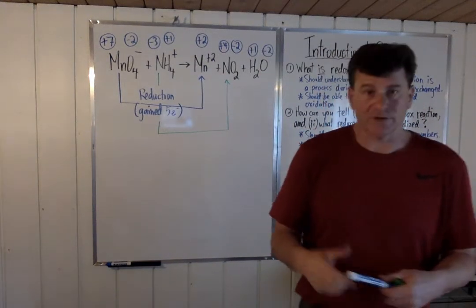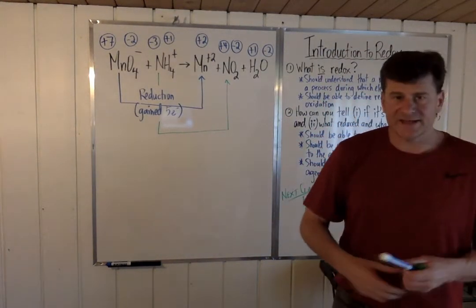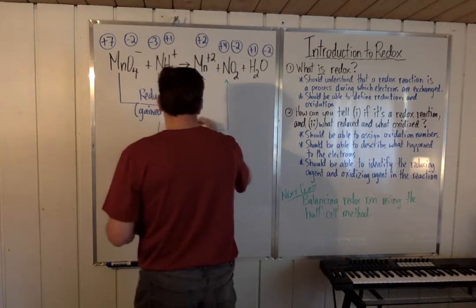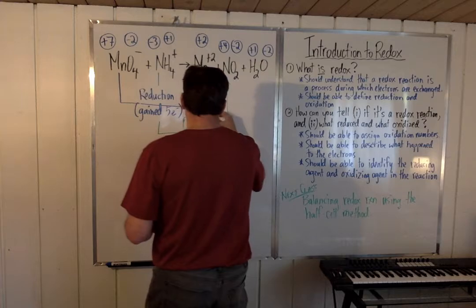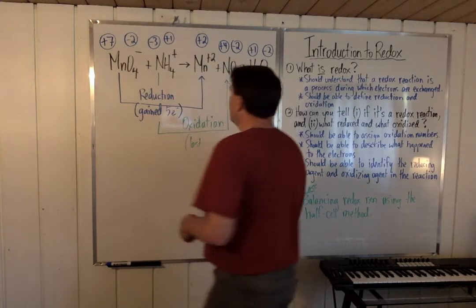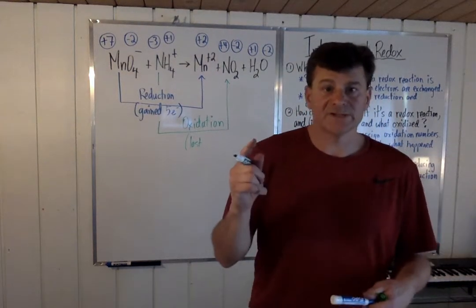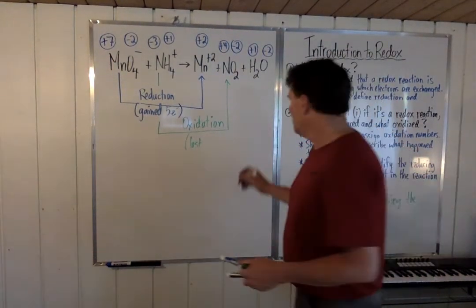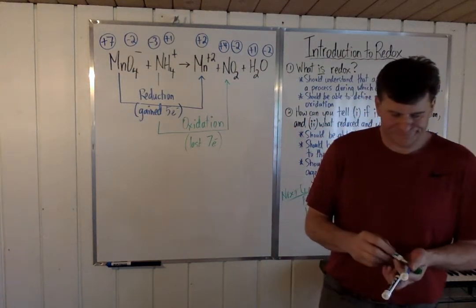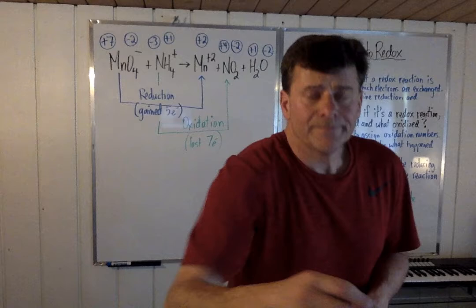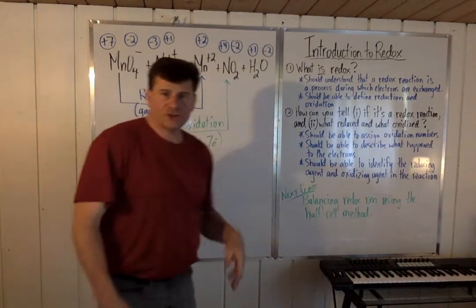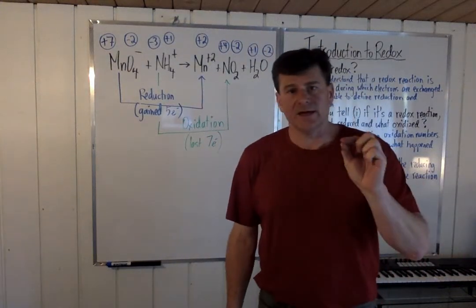So an oxidation number of -3 to +4. That is an oxidation. And each nitrogen atom, because it went from -3 to +4, must have lost 7 electrons.